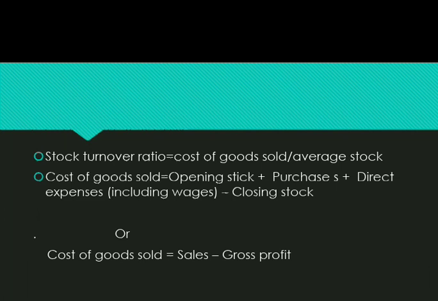Or we can otherwise calculate the cost of goods sold by deducting the gross profit from sales. That is, cost of goods sold is equal to sales minus gross profit. These two formulas can be used for calculating cost of goods sold.